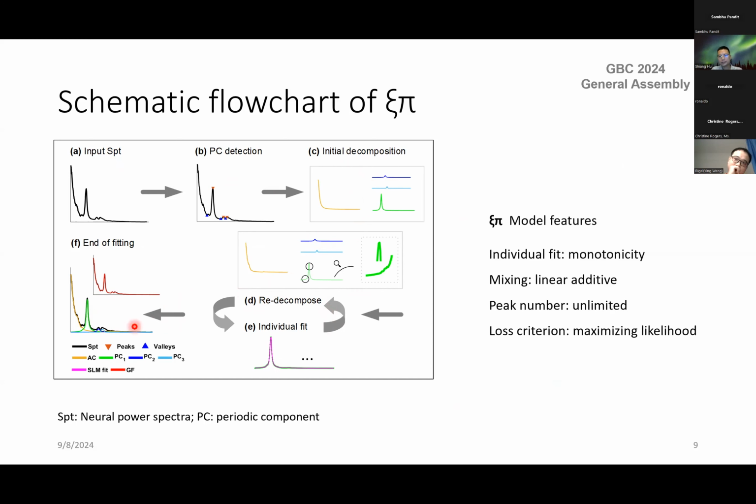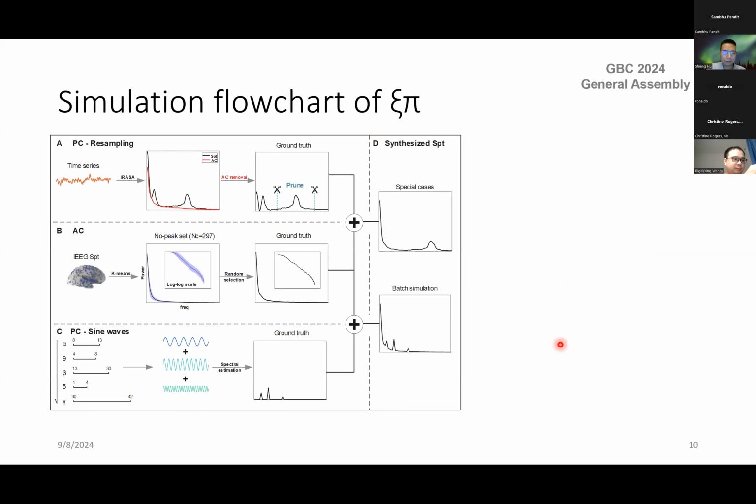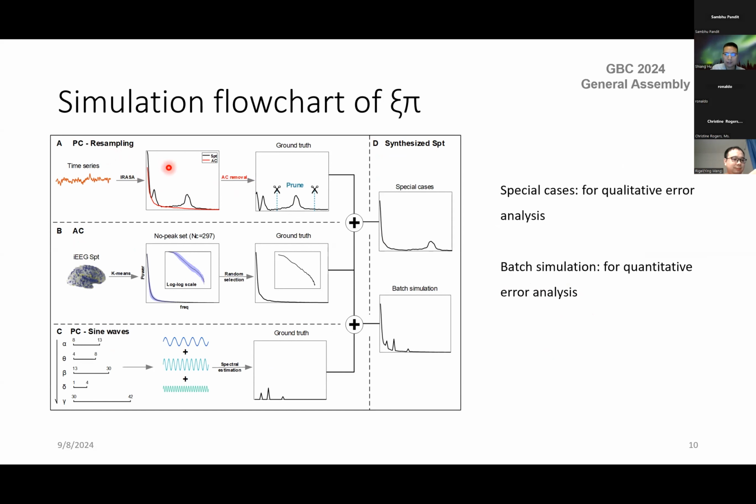Our model has the feature that the individual fit considers monotonicity. It is a model that decomposes in the linear scale without log transformation. And theoretically, it allows for an unlimited number of peaks to decompose. And our result is validated from simulation by special cases and batch simulation, for qualitative and quantitative error analysis respectively.